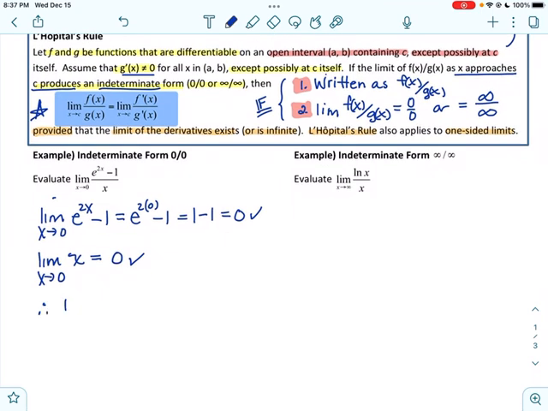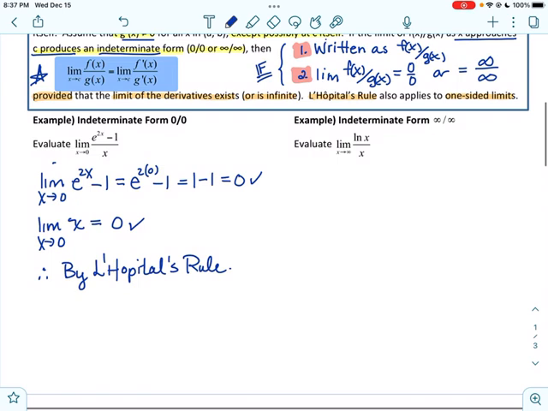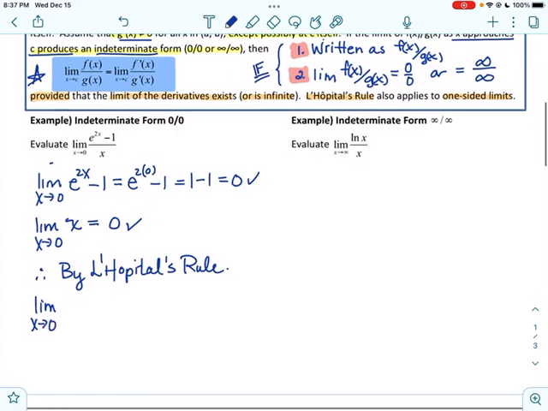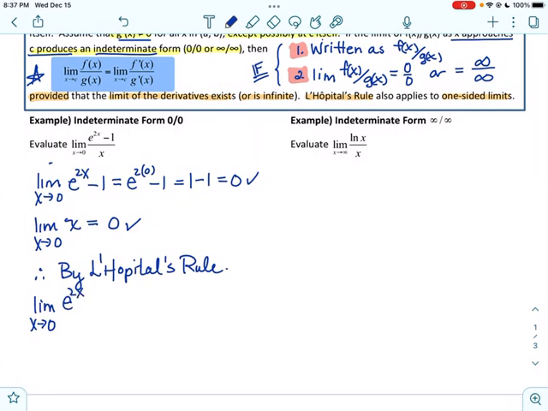Therefore, we can say by L'Hopital's rule, and you spell it different ways, but L'Hopital's rule, that the limit as x approaches 0 of e to the 2x minus 1 over x is equal to, we're going to take the derivative of the numerator and the denominator.